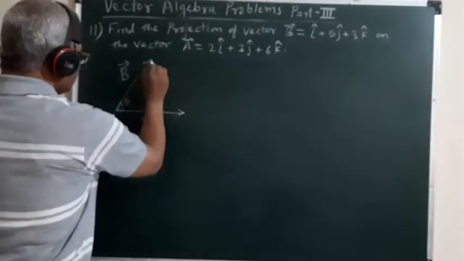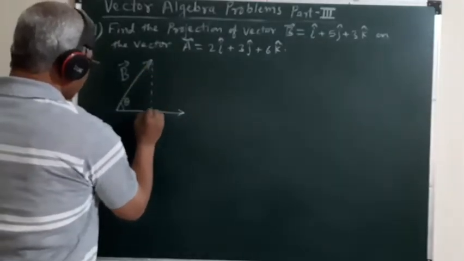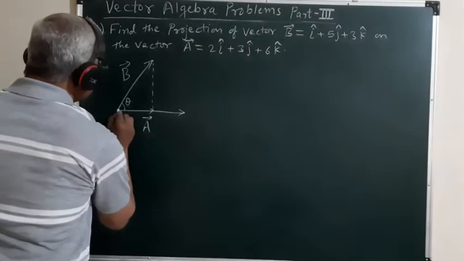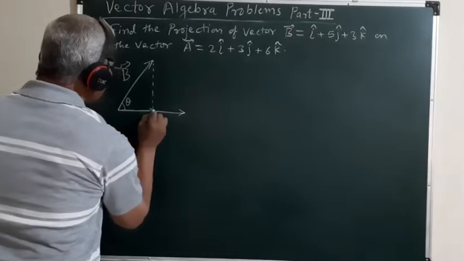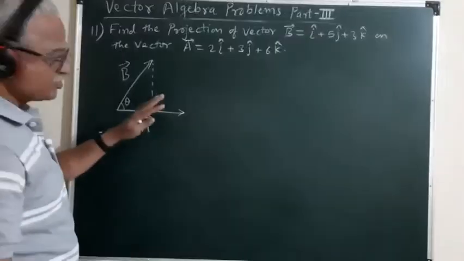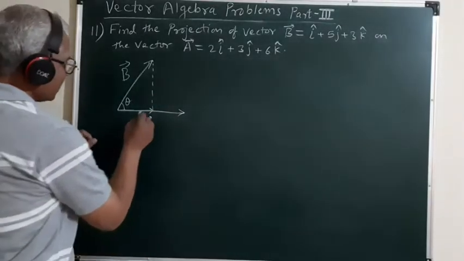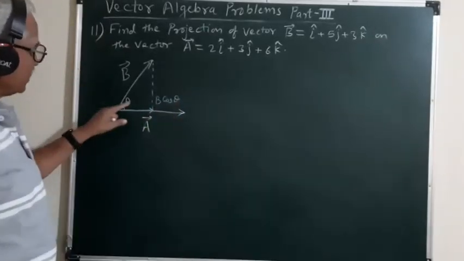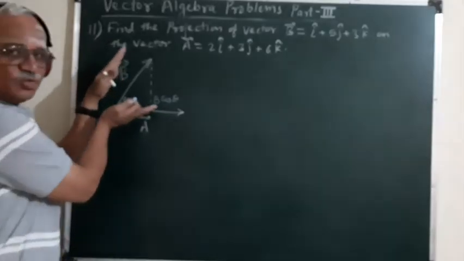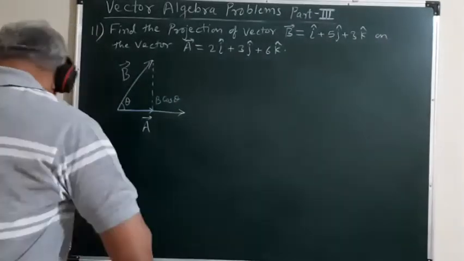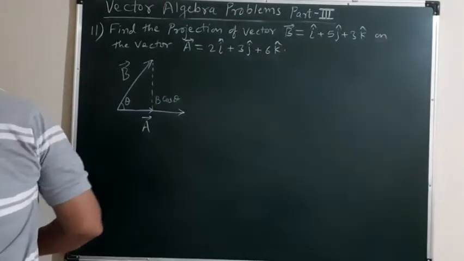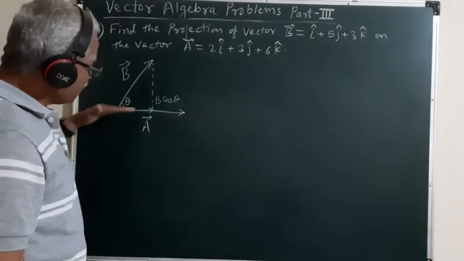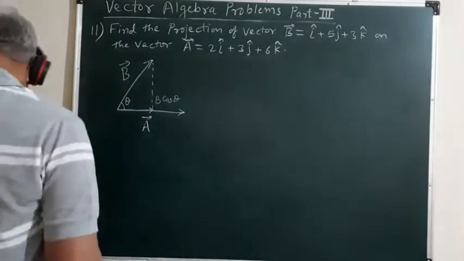If we draw the projection from the end point of b bar on a bar, then this vector represents the component of b bar in the direction of vector a bar, and this component will be b cos theta, where theta is the angle between the two given vectors a bar and b bar. So we are interested to obtain what is this component of vector b bar in the direction of vector a bar.